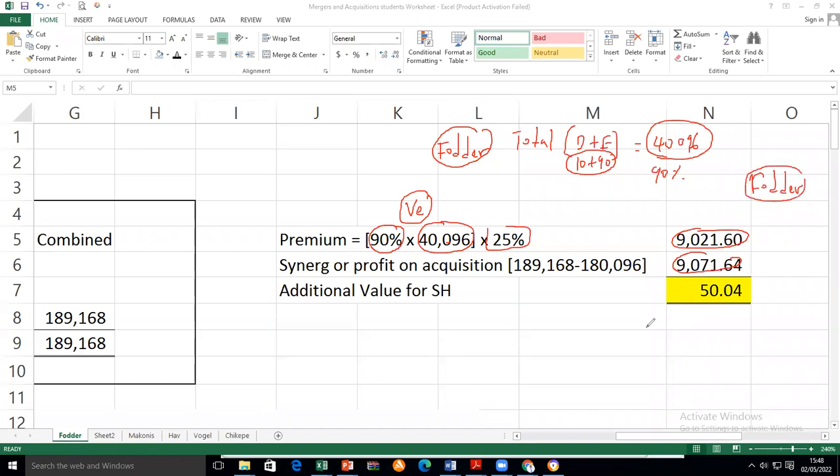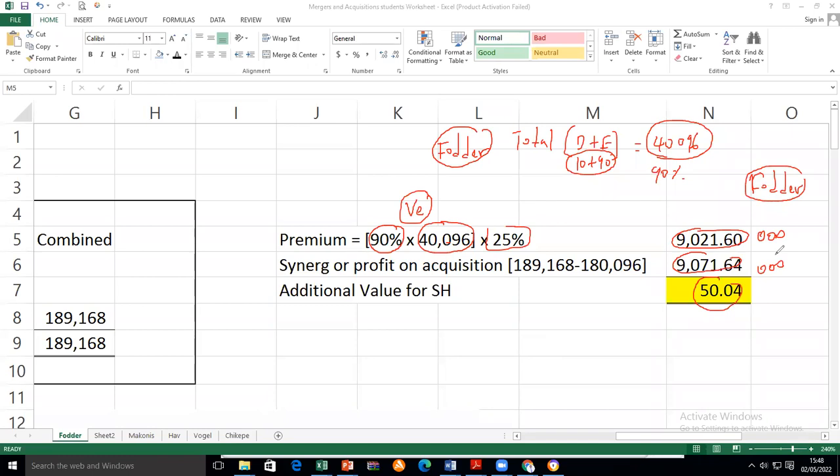So out of this combination, what will remain as the additional value for shareholders of Pursuit is only 50. And because these are thousands, it's only $50,000. Now the question comes to you.